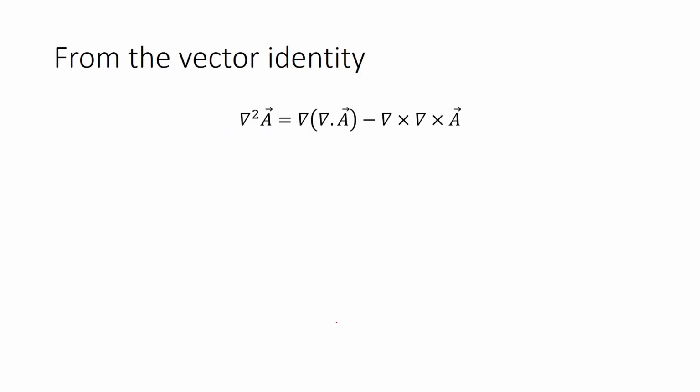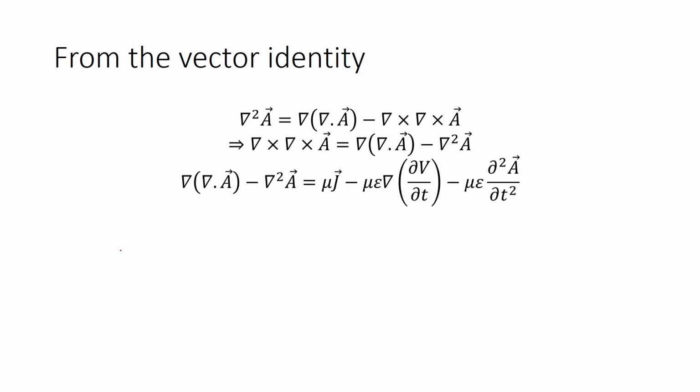From the vector identity, I know that the curl of curl of any vector field is equal to the gradient of divergence minus the Laplacian of the vector. So from this, I can write that the gradient of divergence of A bar minus Laplacian of A bar is equal to mu J bar minus mu epsilon times gradient of dou V by dou T minus mu epsilon times dou square A by dou T square. This is the result which we got earlier.